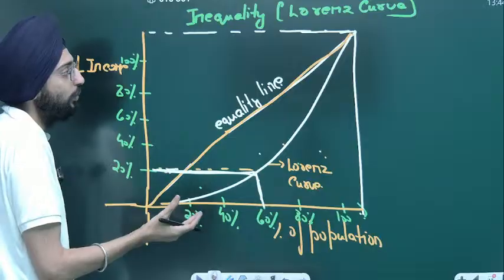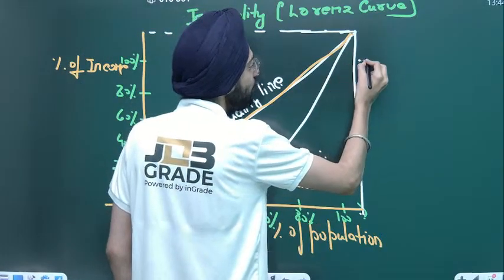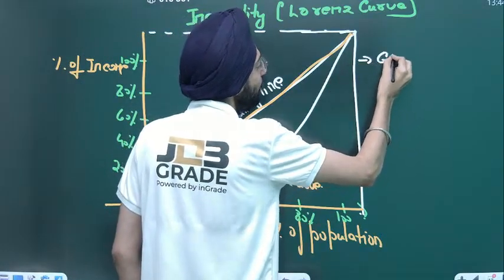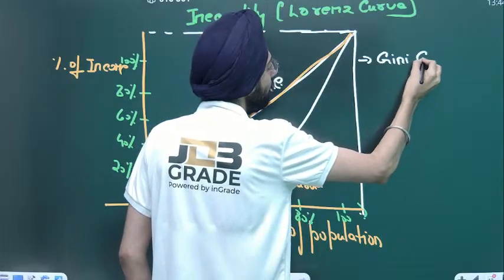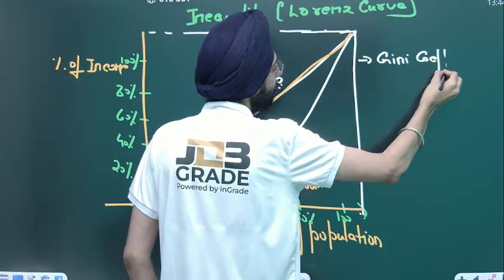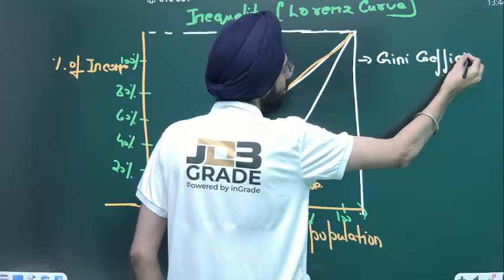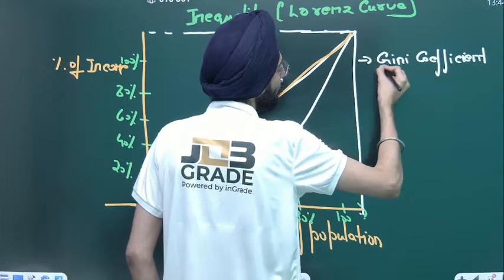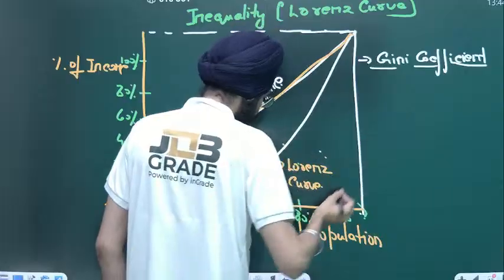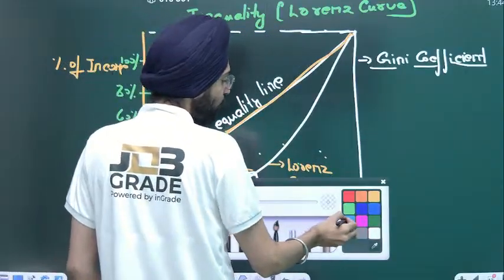How to calculate a Lorenz curve? See, there is a coefficient called the Gini coefficient. What's the Gini coefficient?